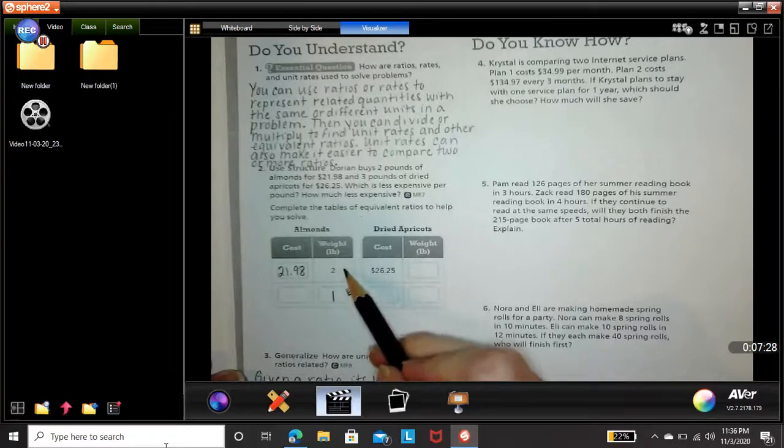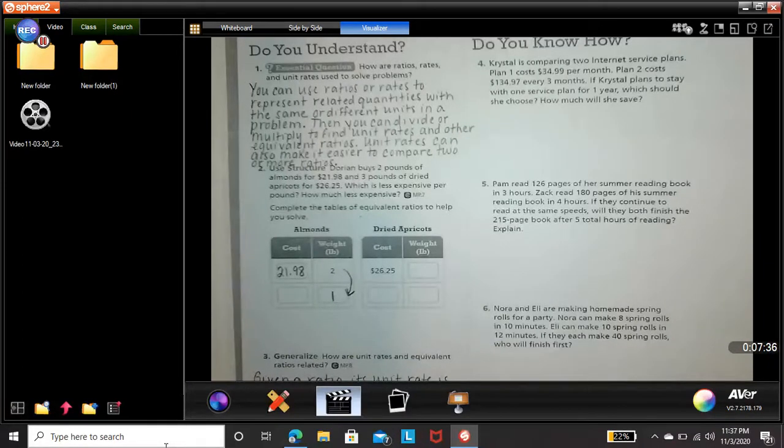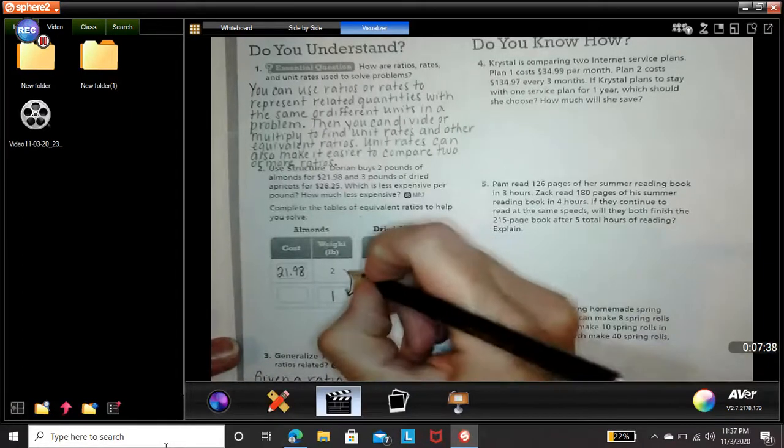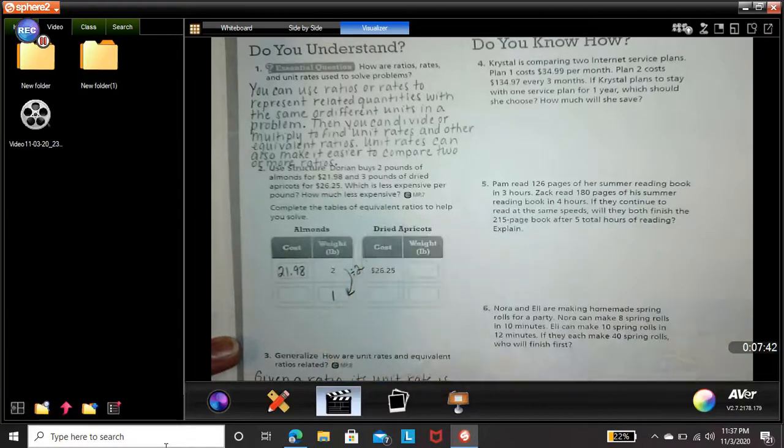Since I'm going from a 2 to a 1 here, I'm going to identify not just the operation, but also the number that I'm going to use to go from the 2 to a 1. I need to divide by 2. Now remember that the golden rule of math is what you do to one side, you do to the other side.